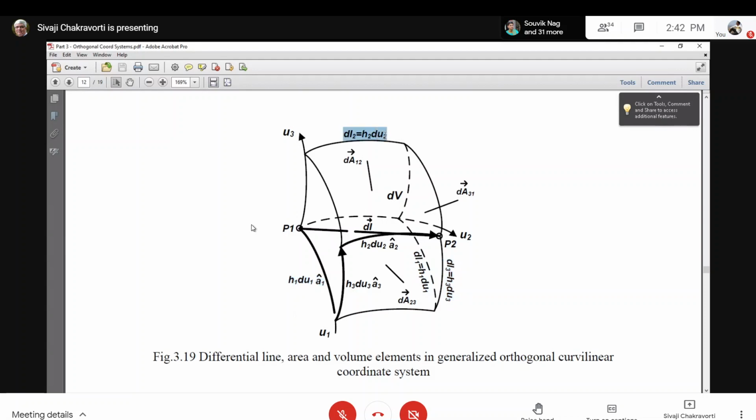Then the second part is dl2, which is in the direction of u2, again related to the incremental change in coordinate du2 by the metric coefficient h2. And the last one is dl3, which is du3 multiplied by h3. So you see from P1, first in the direction is dl1, then as shown here dl3, then dl2, so we get dl.